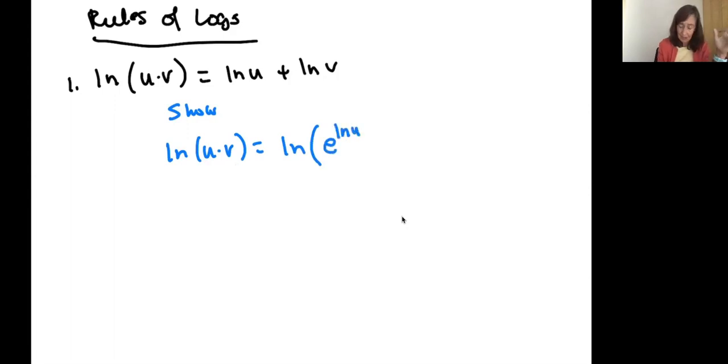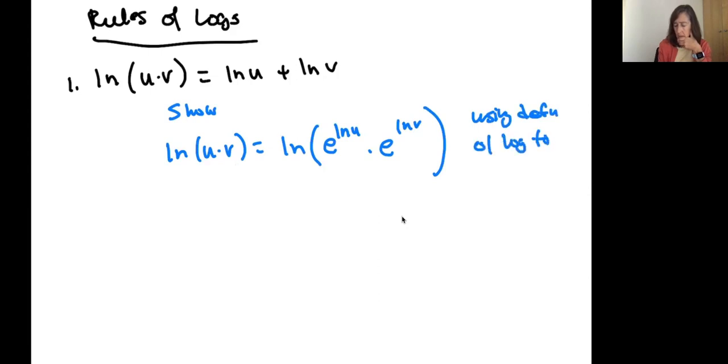Still using that definition, I can do that. Okay, and I'm going to write v as e to the log v, just using the definition of log to rewrite v.